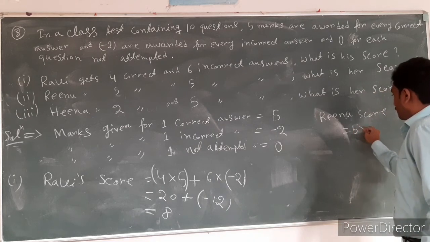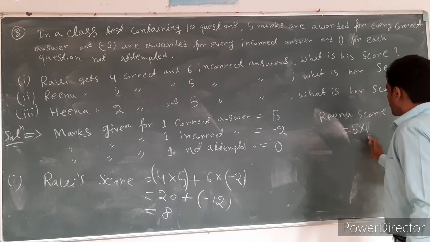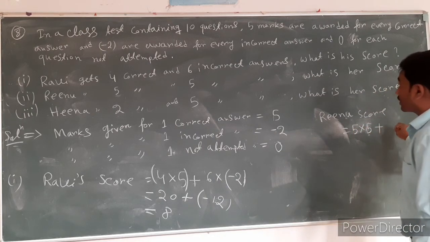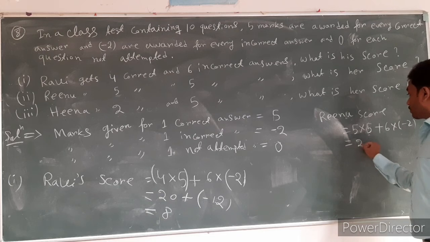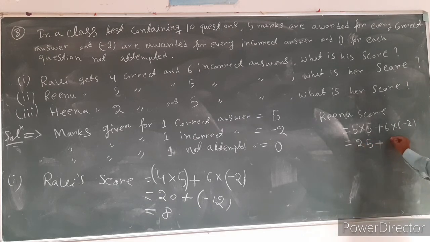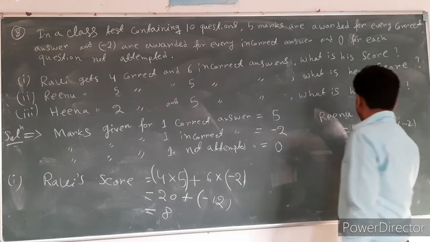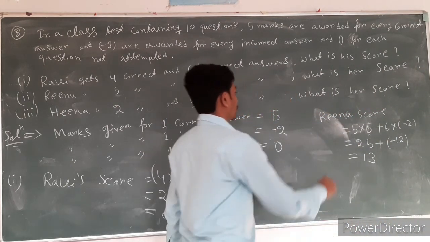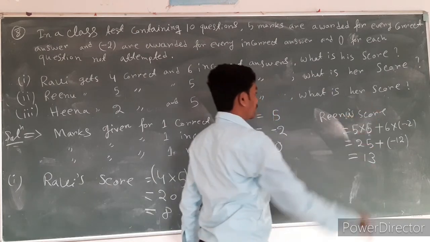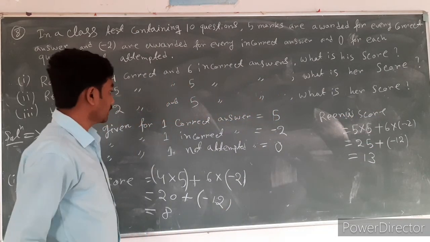So 5 is multiplied by 5, plus how many incorrect answers? 6 is multiplied by minus 2. So 25 plus minus 12 is equal to 13. So Renu's score is equal to 13.